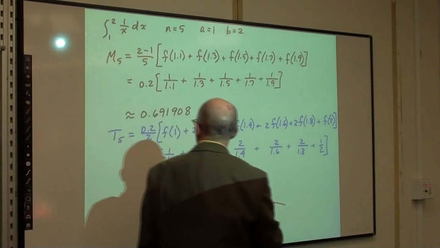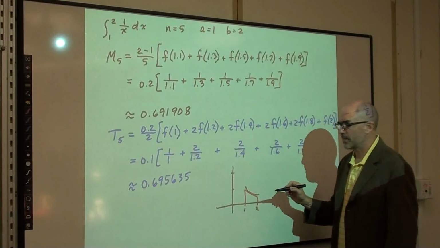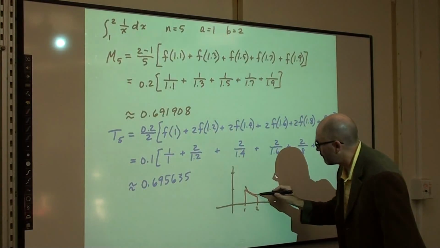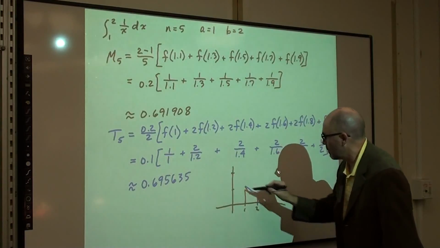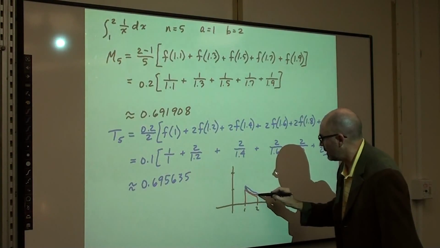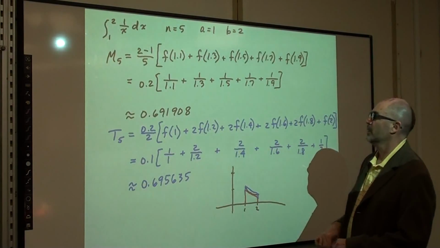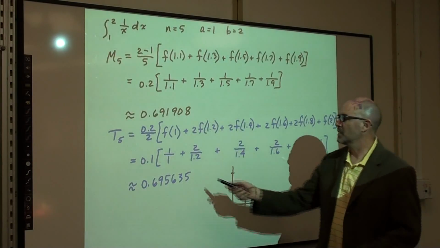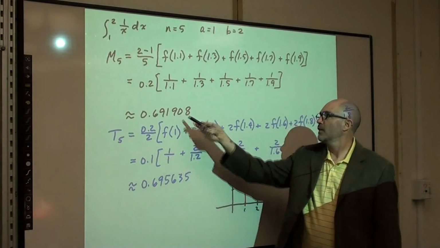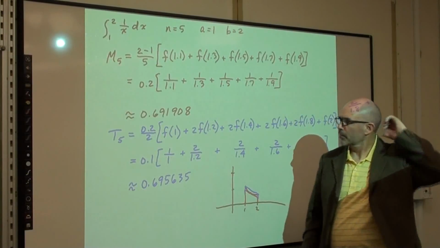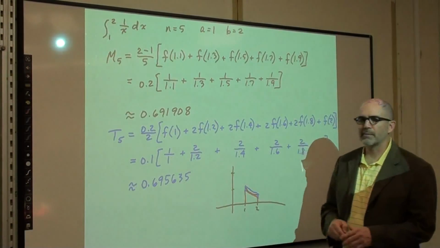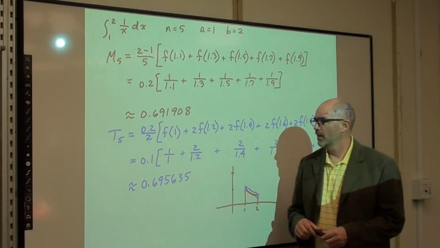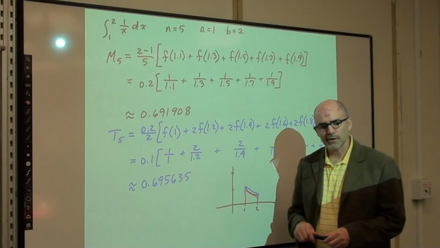Now the blue is the trapezoid, and that's going to be above the curve. So you notice the trapezoid estimate is higher than the midpoint estimate, which is what we would expect. So good thing, it appears we did it right.